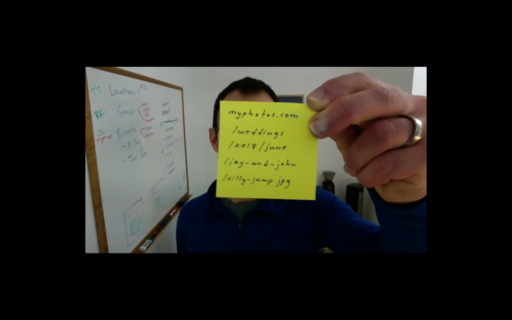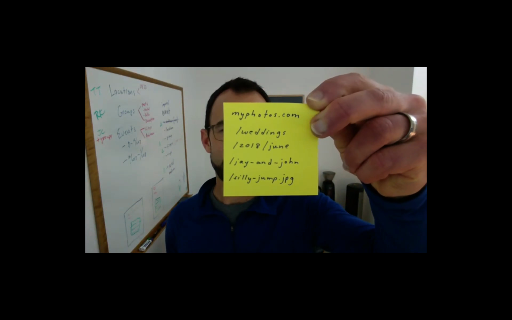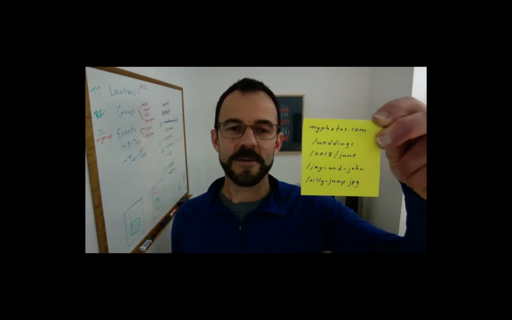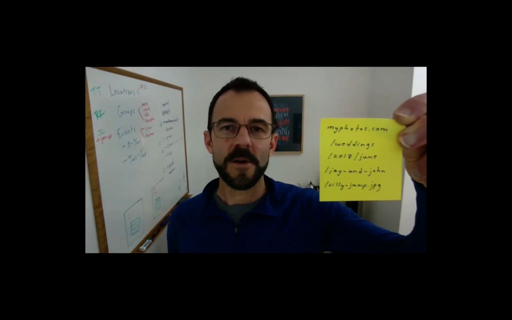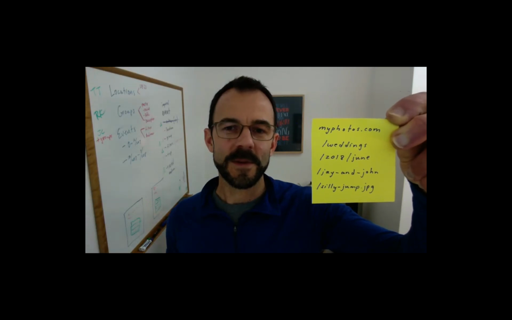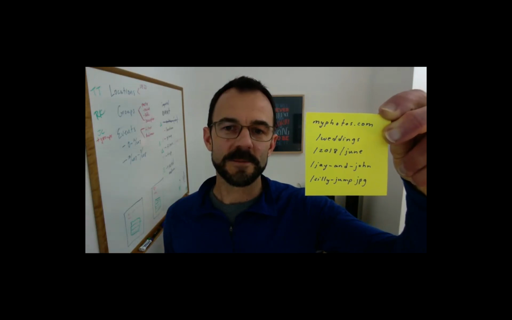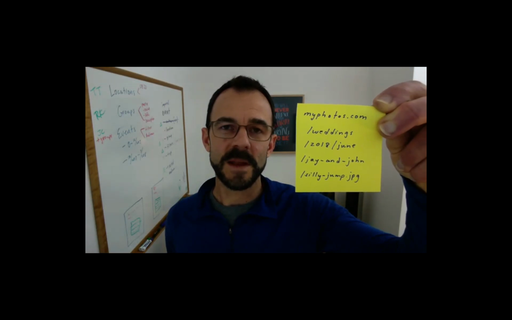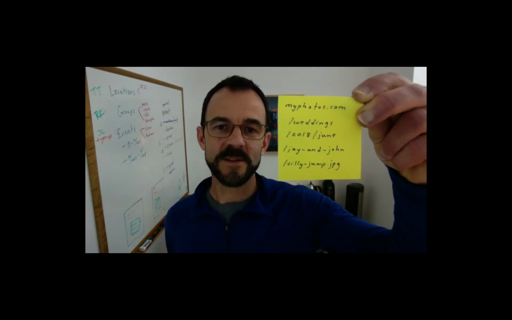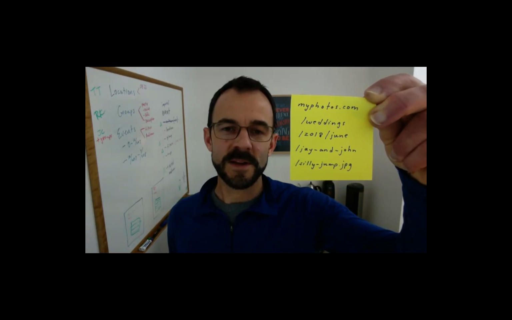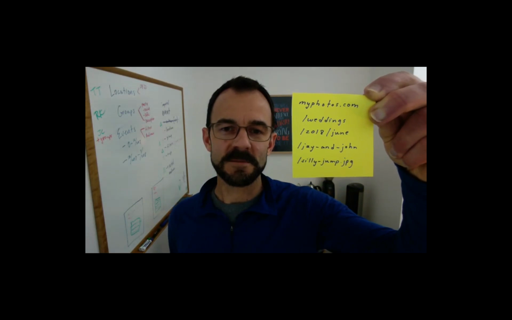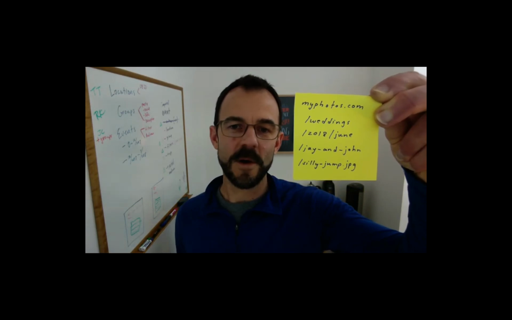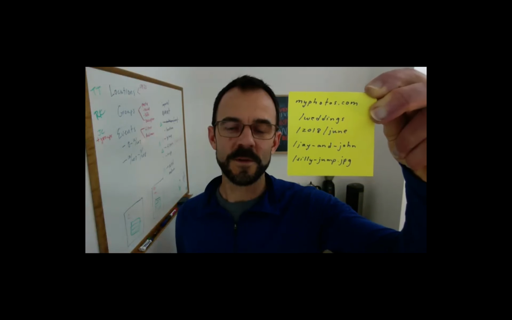myphotos.com/weddings/June/J-and-John/sillyjump.jpg. This is just a phony made-up URL, but think about how many things we can infer from it. One, this is a photo site. Two, it's probably a photo of a wedding that happened last month, probably two people named Jay and John, and perhaps they were jumping and making silly faces in this photo.